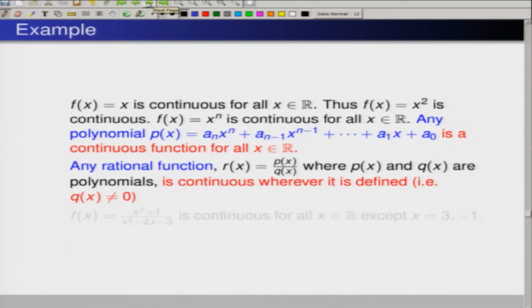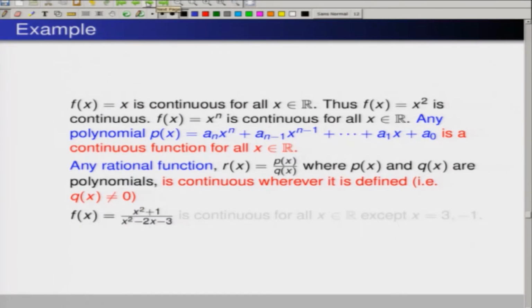So, any rational function p of x by q of x is continuous wherever it is defined, that is where q of x is not equal to 0, in the domain of its definition.